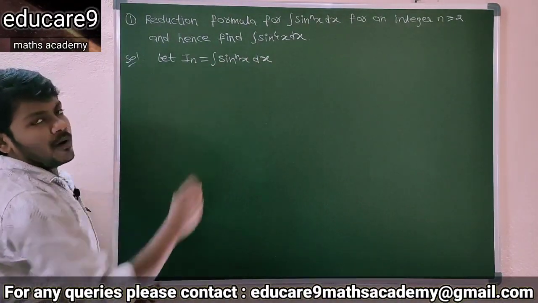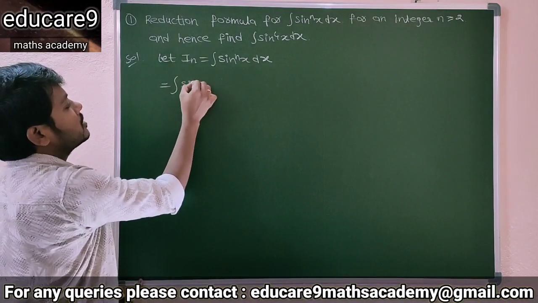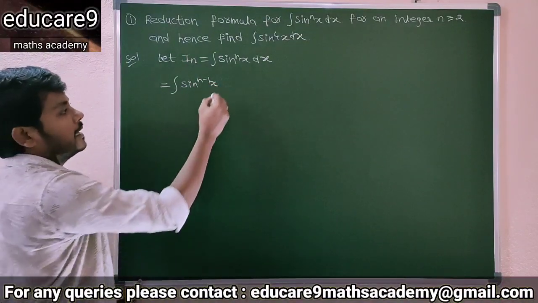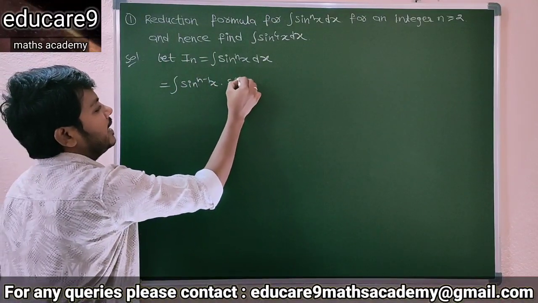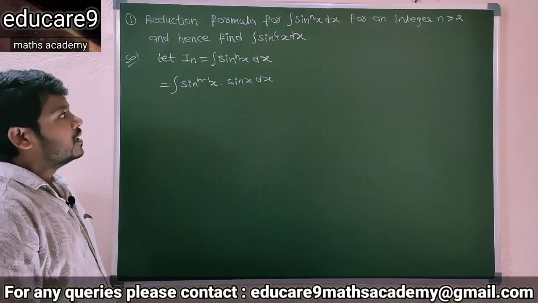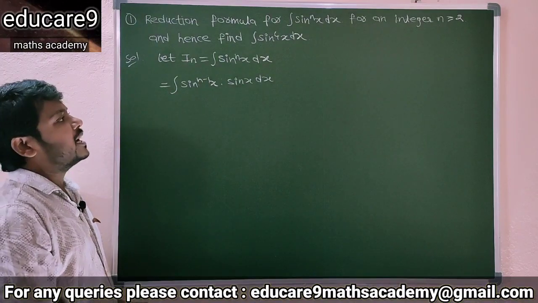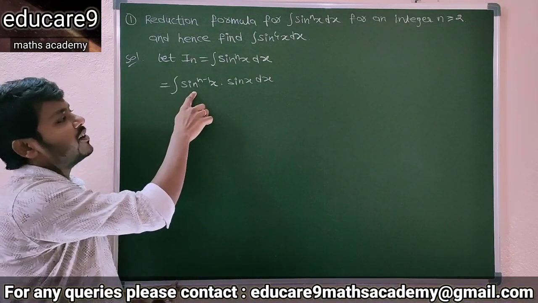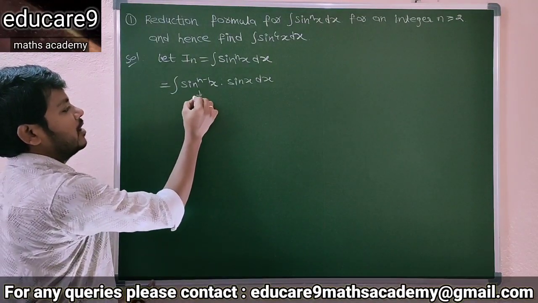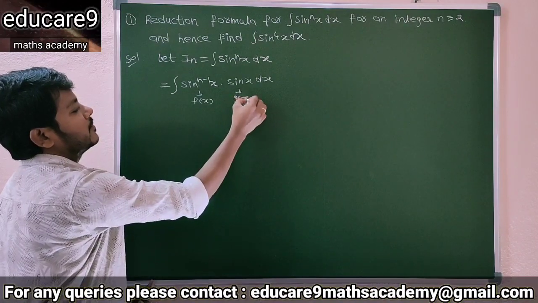Now here this sin power n we write as integration of sin power n minus 1x into sin x dx. So clearly this function is directly not integrable. So for that, take this as the first function and this as the second function. So this is f of x and this is g of x.